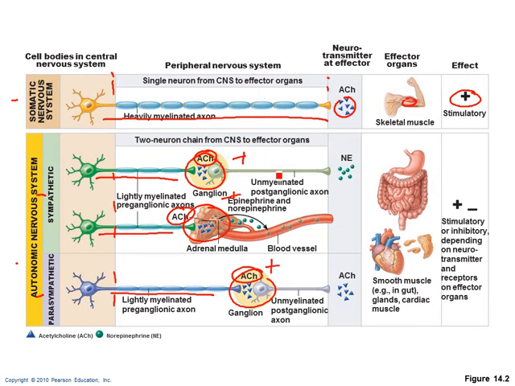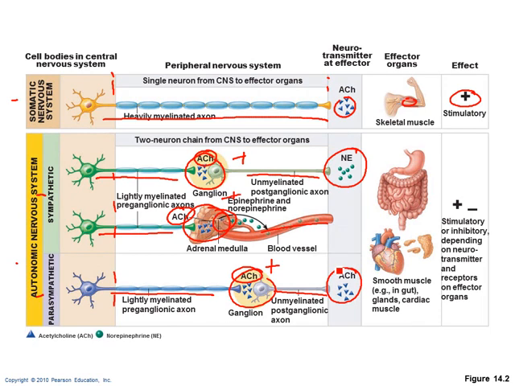Then the second neuron, or in this case an endocrine organ, releases a neurotransmitter. If it's sympathetic, it releases norepinephrine. If it's parasympathetic, it releases acetylcholine. So sympathetic, the second axon or second neuron or gland releases norepinephrine, and the parasympathetic, it releases acetylcholine.